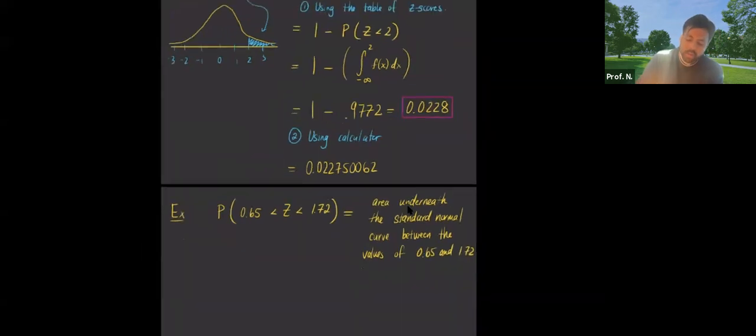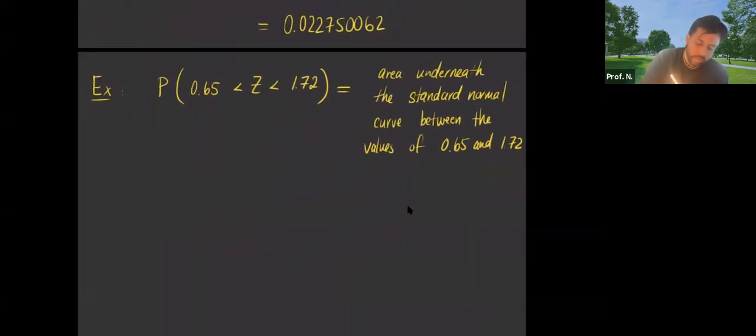So how would we do this? What would this be represented by in terms of the integral? It would be the integral from 0.65 to 1.72 of my PDF.